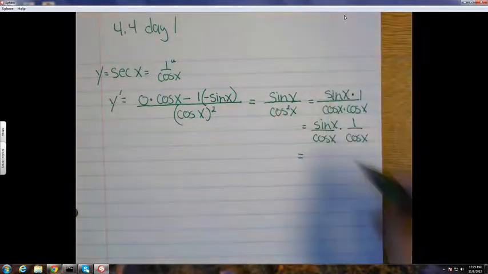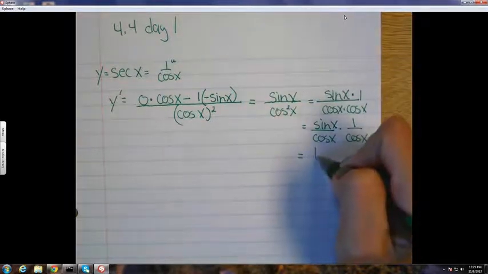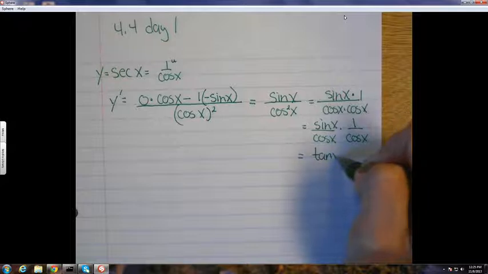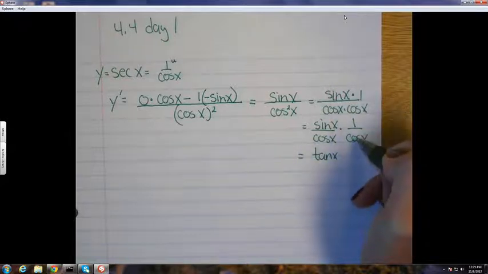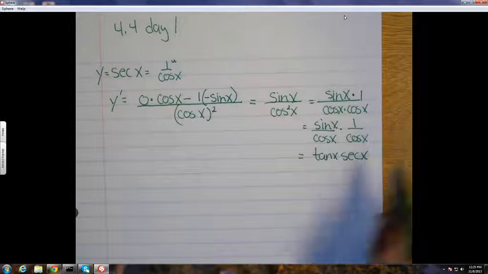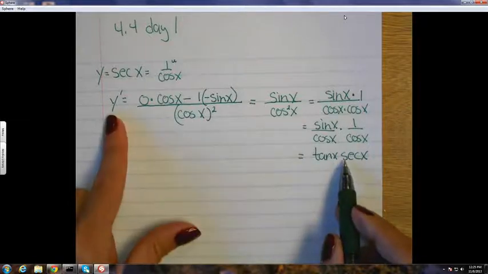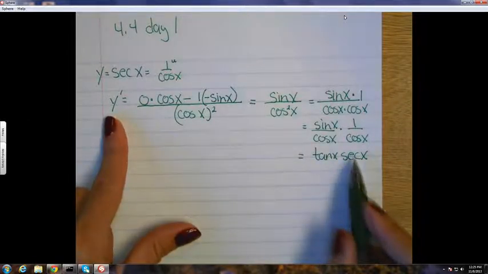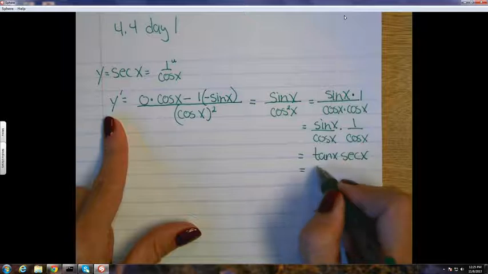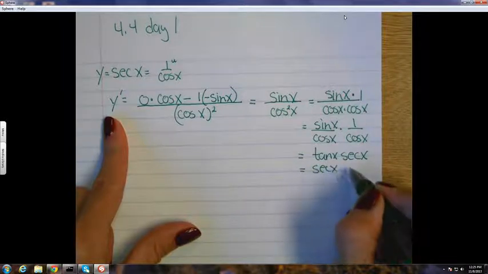So this fraction here simplifies to tangent. 1 over cosine is secant. So we just came up with a derivative rule for secant. It's tangent times secant. Well, the book actually flip-flops these. Starts with secant times tangent.